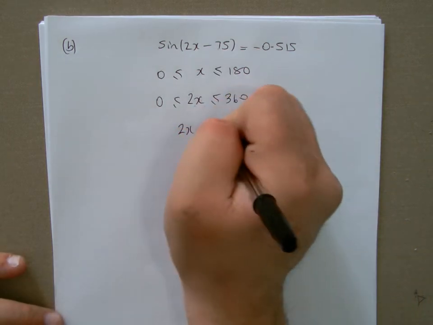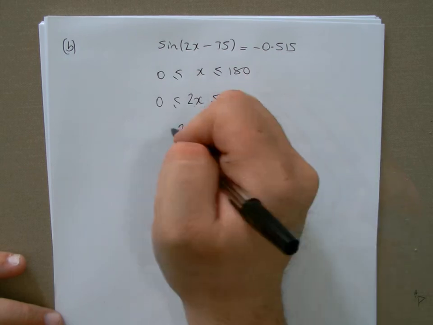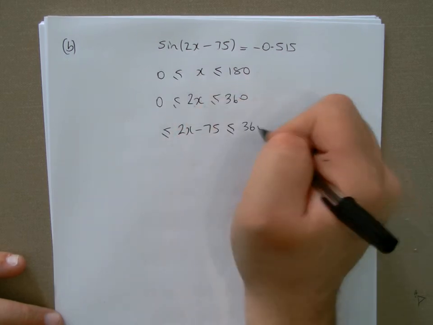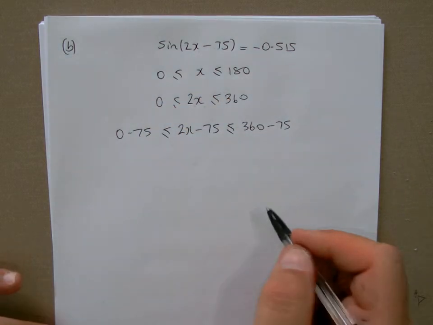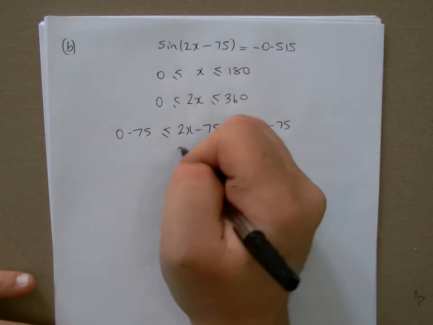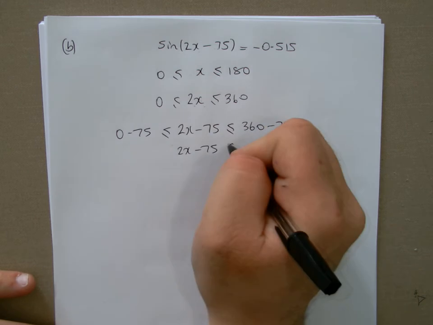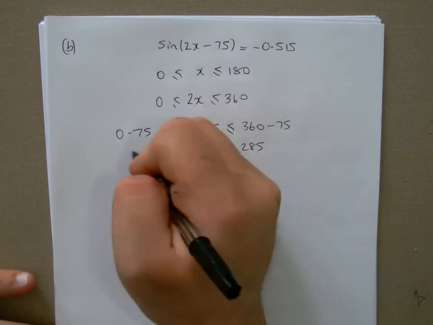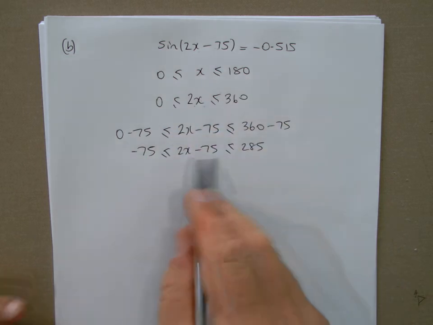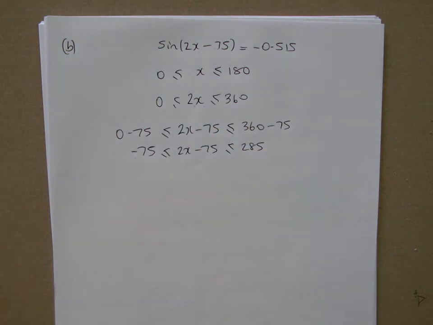So 2x minus 75. Essentially, I'll have 360 minus 75 here, and I'll have 0 minus 75 here. So take 75 away from both of them. So I get 2x minus 75 is less than or equal to 285. So when I draw my graph, it's got to be between these values here.